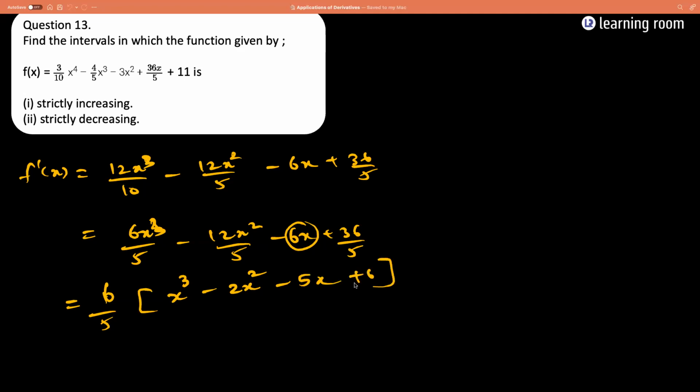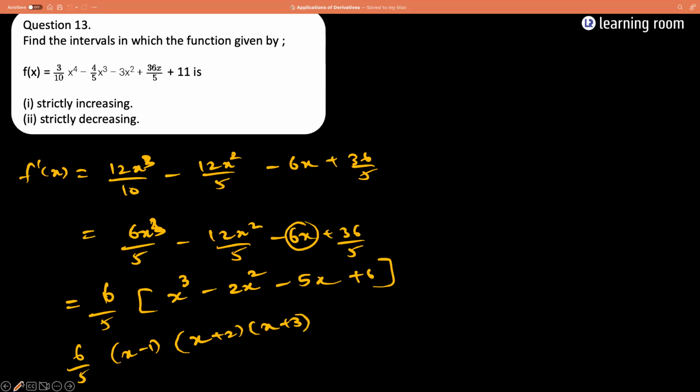So what is one of the roots that you're getting? One is satisfying. x minus 1, sir. So x minus 1 is one of the factors. What are you getting as the other expression? x plus 2 and x minus 3. I think it is right.